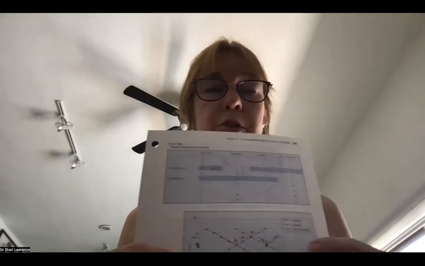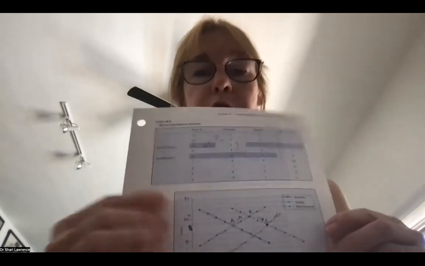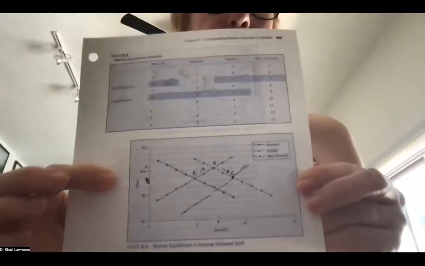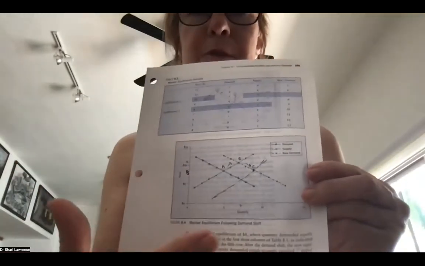So anyway, make sure you understand what these shifts are and how the change in the price and the change in the quantity is affected. There are all different kinds of scenarios, but the one that I want you to make sure you understand is this one that we've gone over here, and that's in the notes. You can think about the opposite scenario. What if we have a decrease in demand and a subsequent decrease in supply?